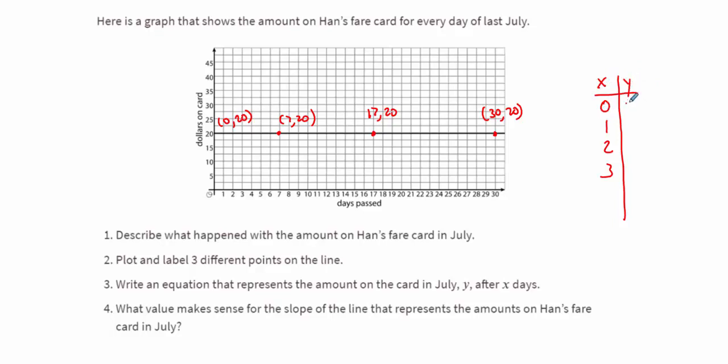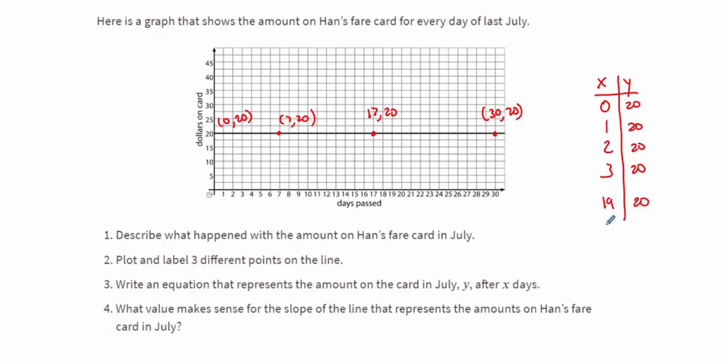So after 0 days, I got 20. After 1 day, I got 20. After 2 days, 20. 3 days, 20. 19 days, 20. No matter what day it is. It doesn't matter. Any of these days, the Y is equal to 20, right?